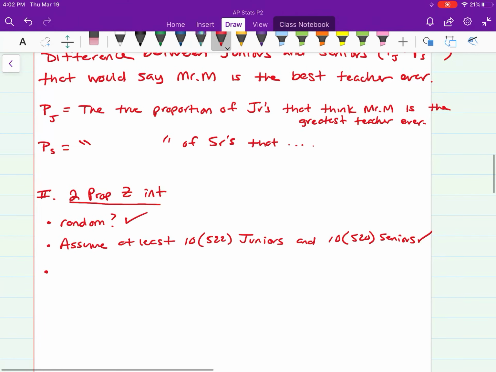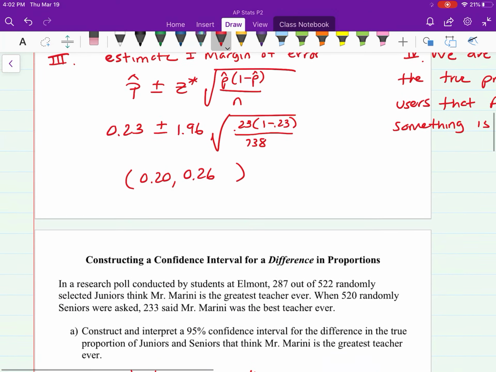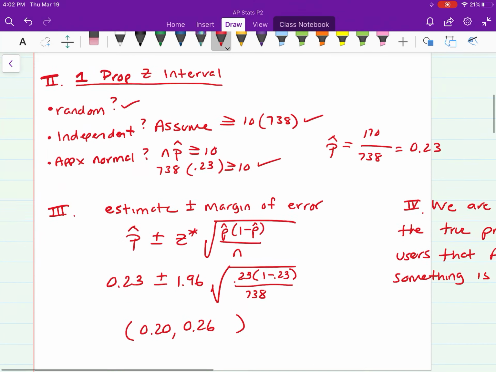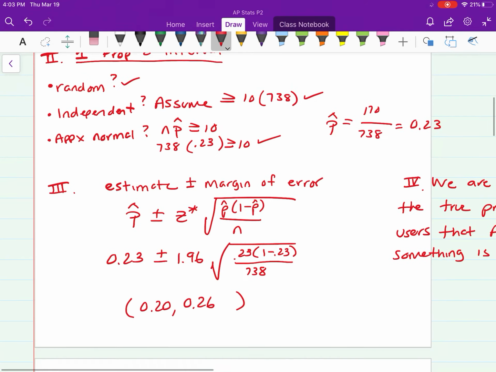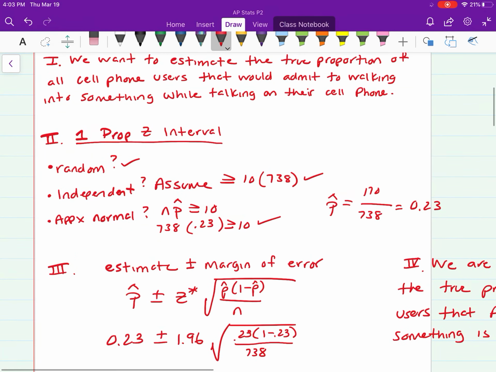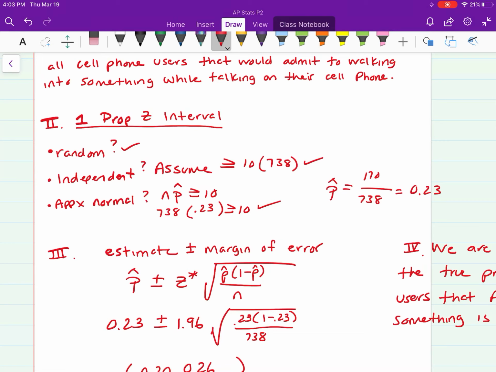Last condition, normal, approximately normal. All right, we can't use central limit theorem here or anything like that. That's for means. So we're going to go up. Let's see, how did we use to check that for confidence interval for proportions? Okay, n times p hat greater than or equal to 10. And then also, you know what I didn't do?